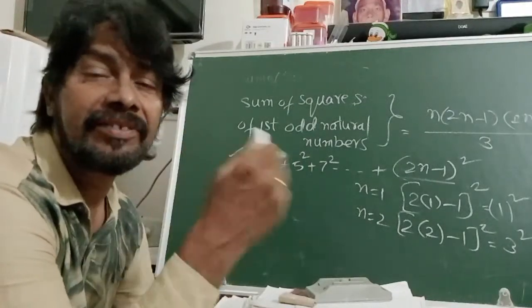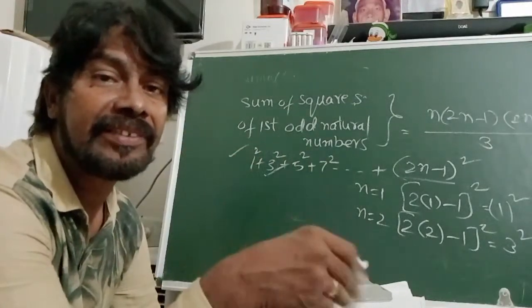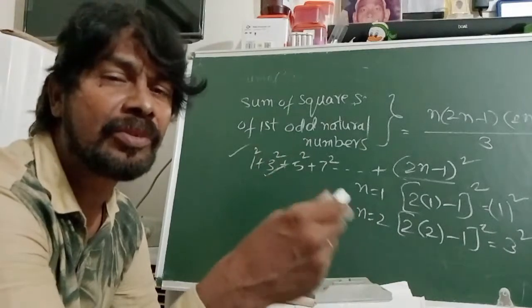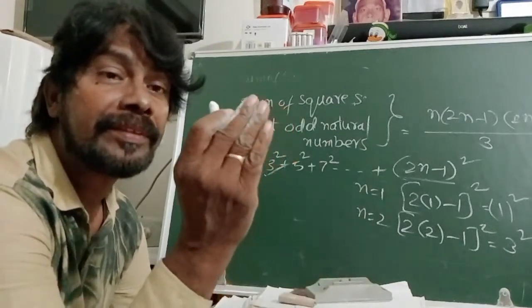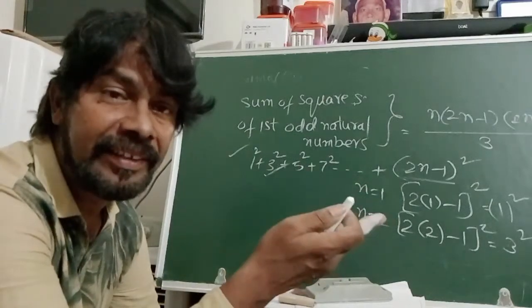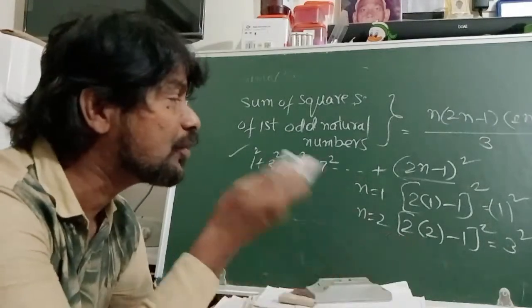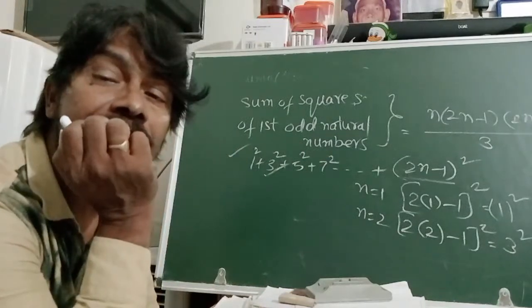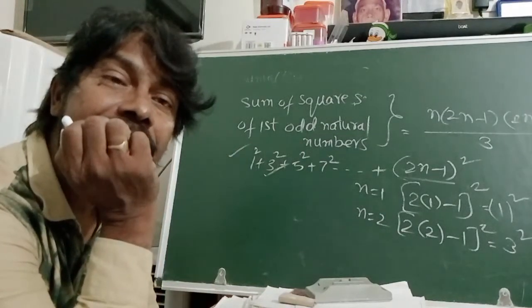1 square plus 3 square plus 5 square plus 7 square plus 9 square plus 11 square plus 13 square plus so on. This is the odd series. So the nth odd number is 2n minus 1, 2n minus 1 whole square.